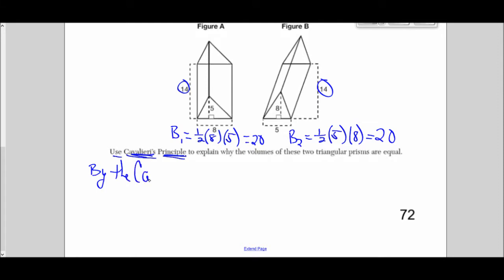By the Cavalieri principle. Right? See, because they said use that in your explanation. So that's what we're doing.